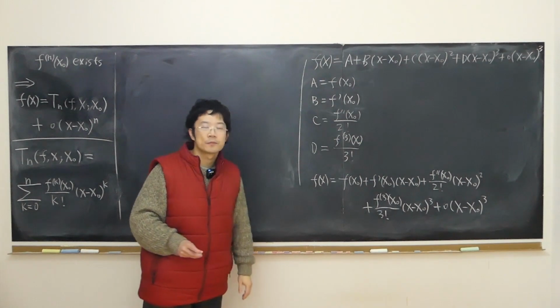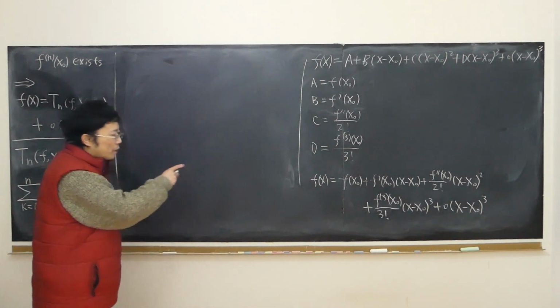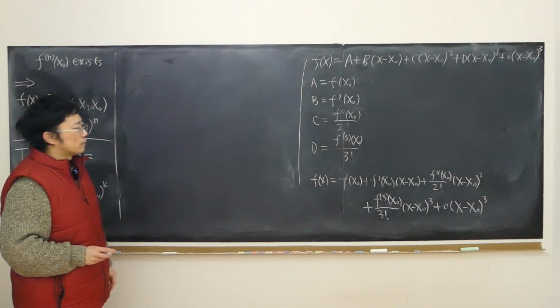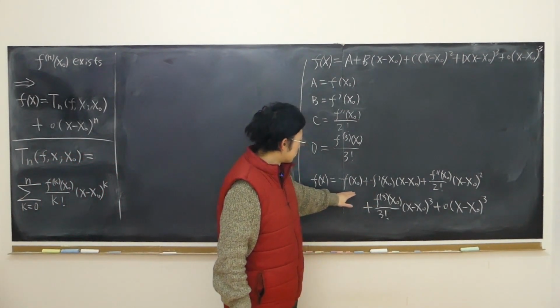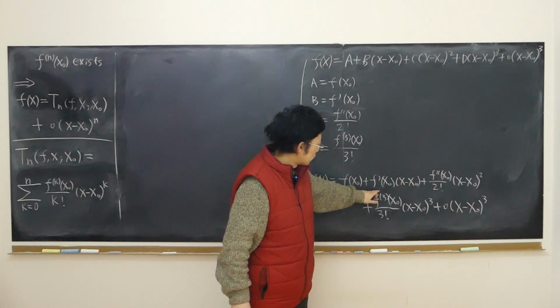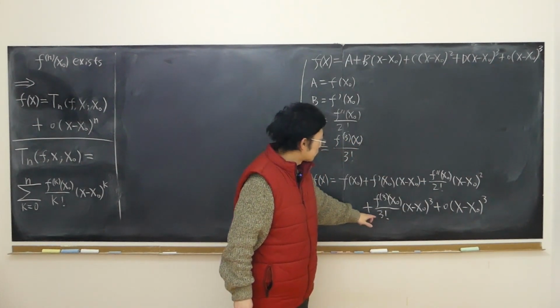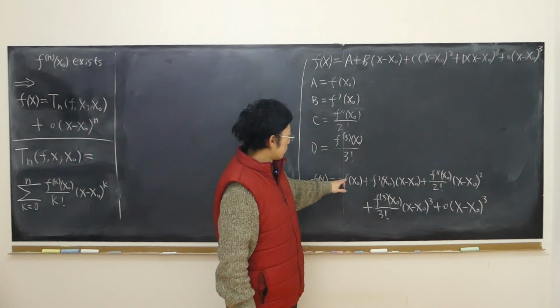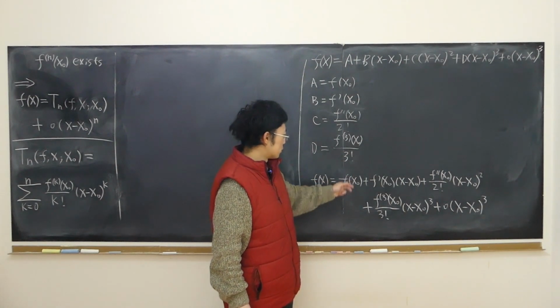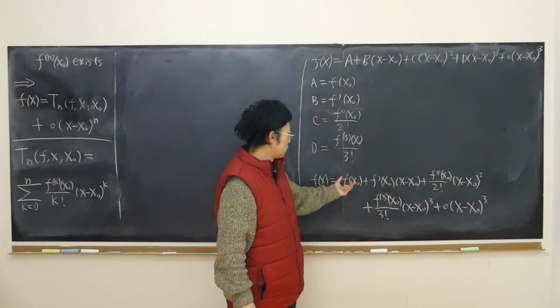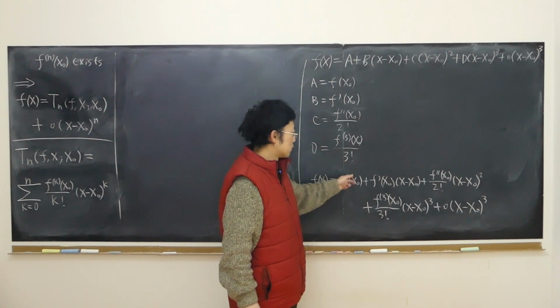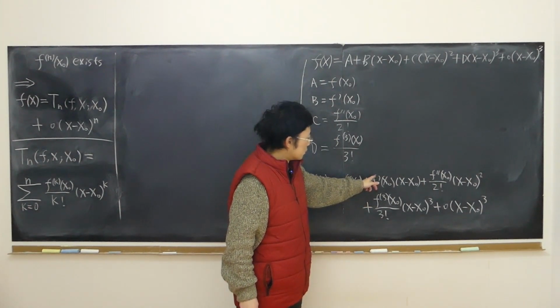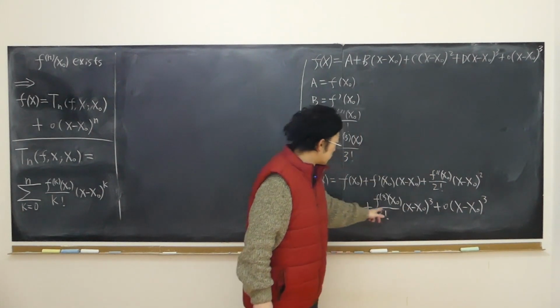Easily verifiable. Now the pattern is very nice and clear. The bottom is 0 factorial, that is 1, then 1 factorial, 2 factorial, 3 factorial. At the top we have f of x naught, the 0th order derivative, which is the function itself at the point x naught, then the first order derivative, second order derivative, third order derivative.